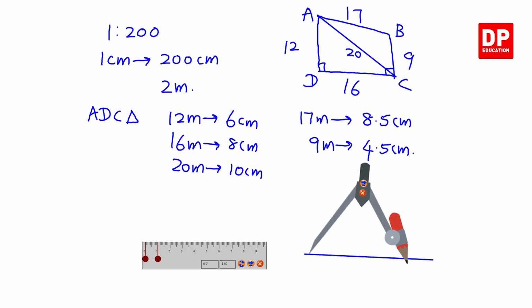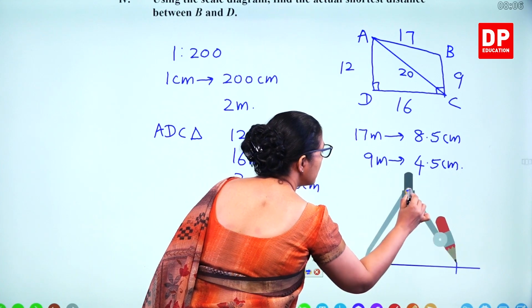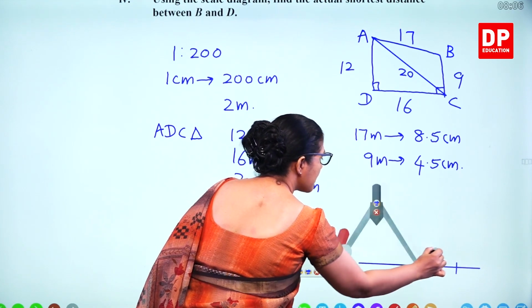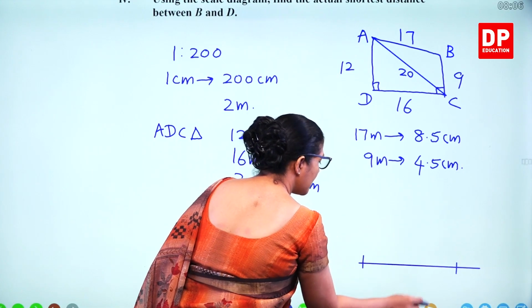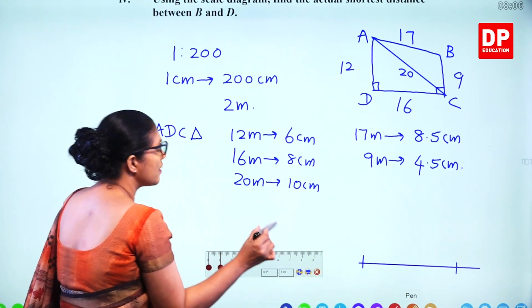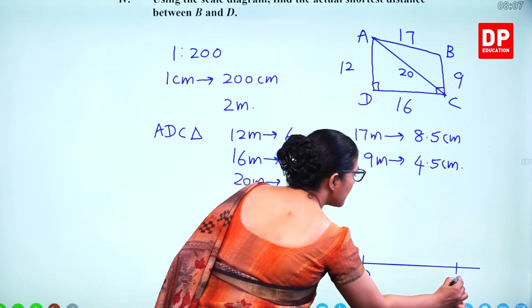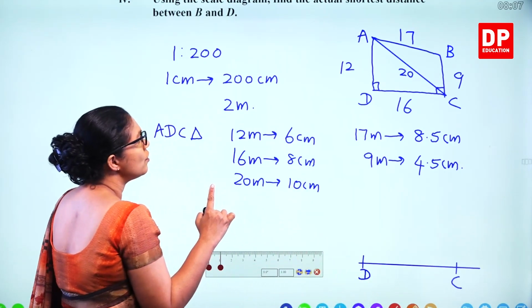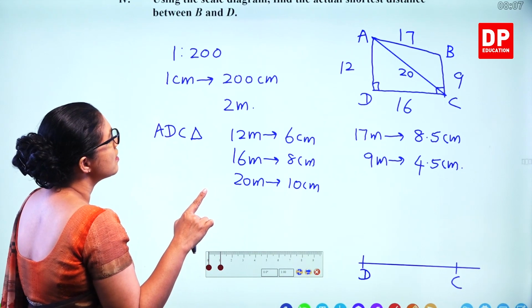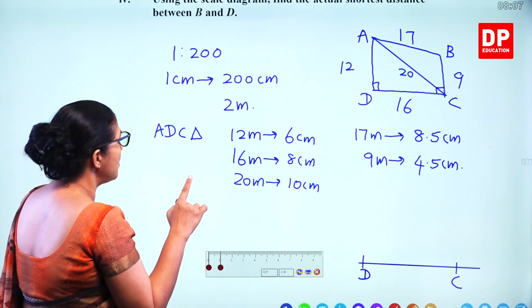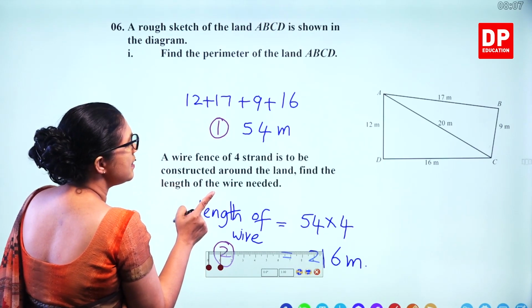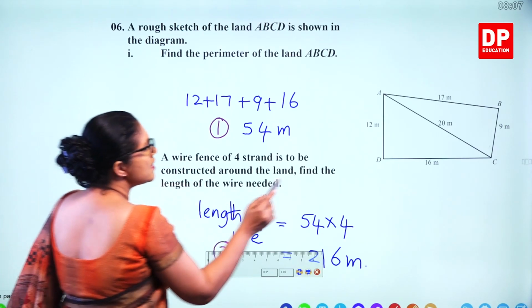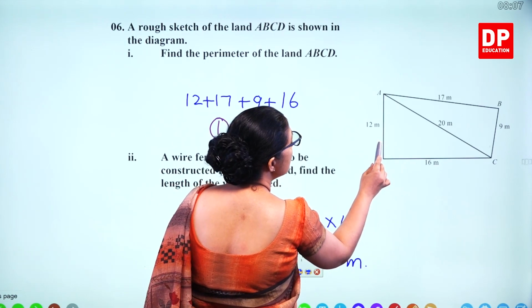Keep on top of the line, mark the 2 points, 8 centimeters apart. D, C. Now we have to draw the triangle. It's not given as 90 degrees, but we'll see whether it's 90 here.